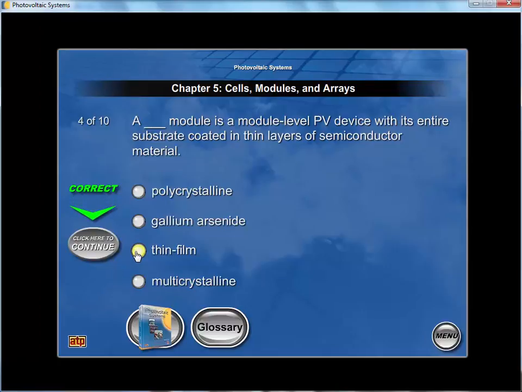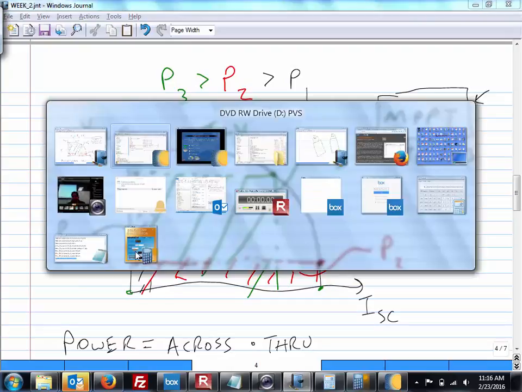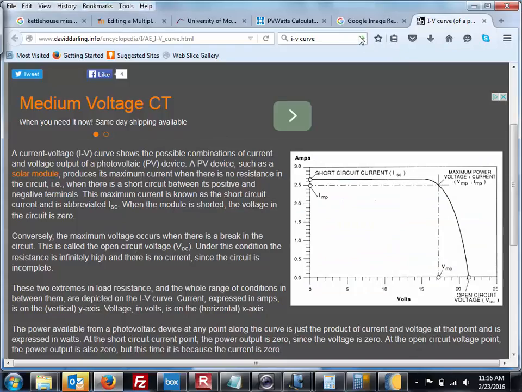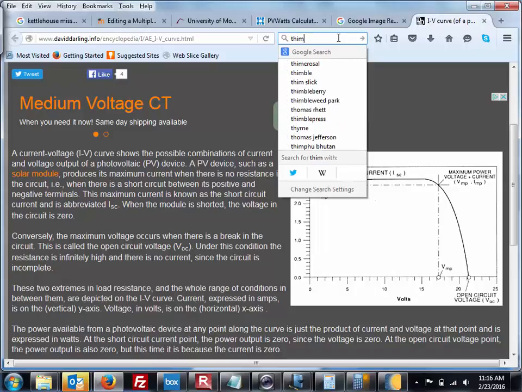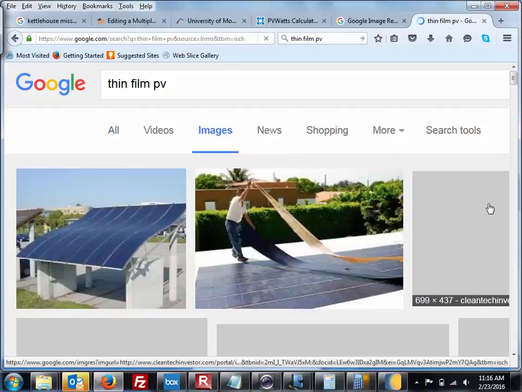There we go. I was going to go with amorphous, and in fact, we had some in here. They might be next door. Let's just look for a picture of one here. Thin film PV. Let's see what the images come up with.